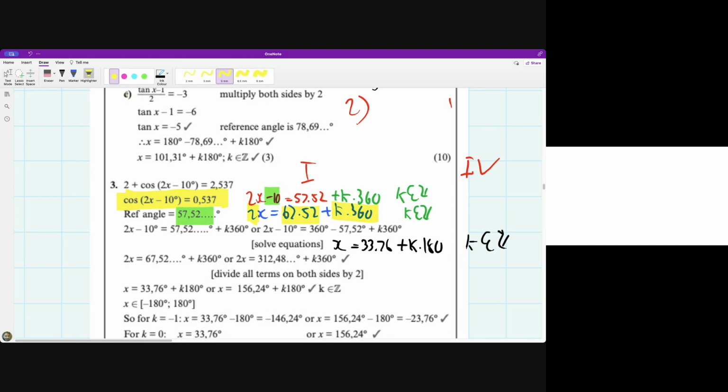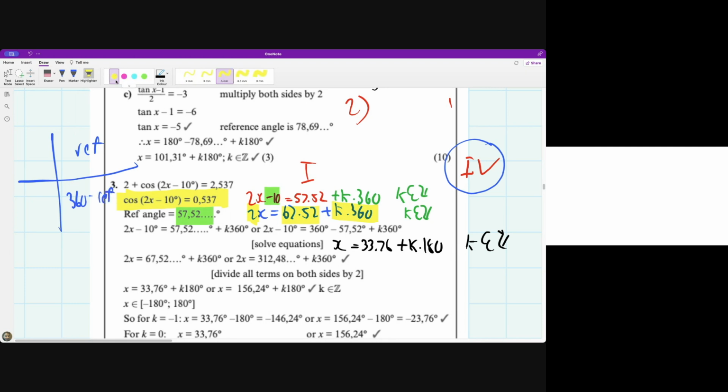Okay. Now, remember at the beginning when we said there was one solution in quadrant 1, there was also a solution in quadrant number 4. And in quadrant number 4, the angles don't have the form of the reference angle. They've got the form 360 minus the reference angle.